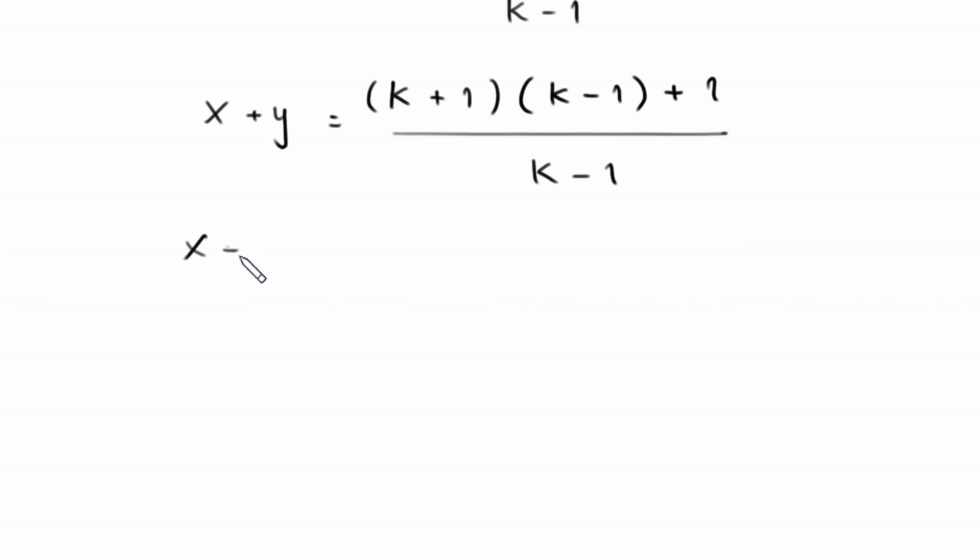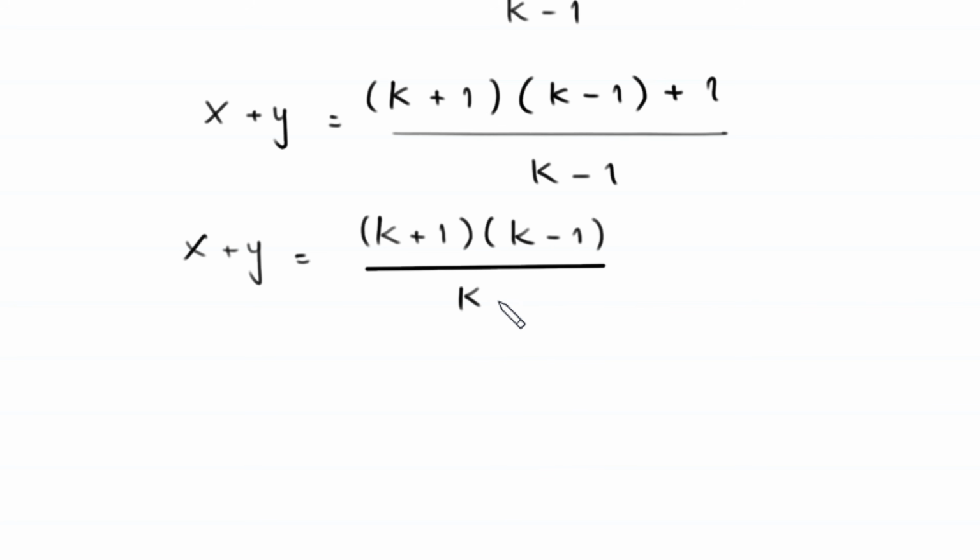Next, x plus y equal to, we can write this fraction into two fractions, (k plus 1) times (k minus 1) divided by (k minus 1), plus 1 divided by (k minus 1).